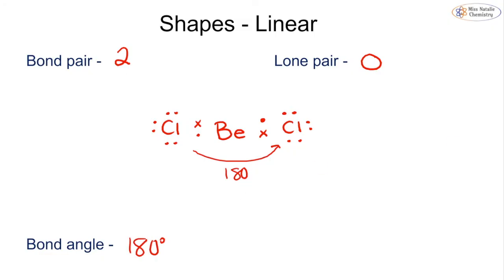So remember, we want to have maximum separation or minimum repulsion. So they do this by arranging themselves at completely opposite sides. That is linear, and we could draw that out as that, just showing that the two bonds are going to be at opposite sides.